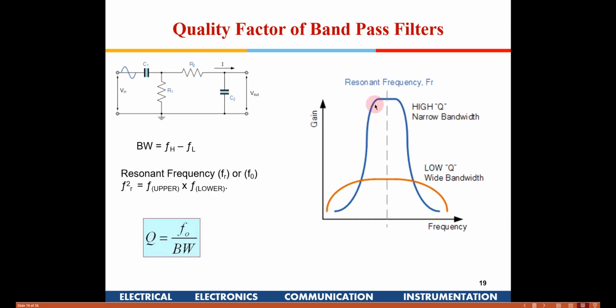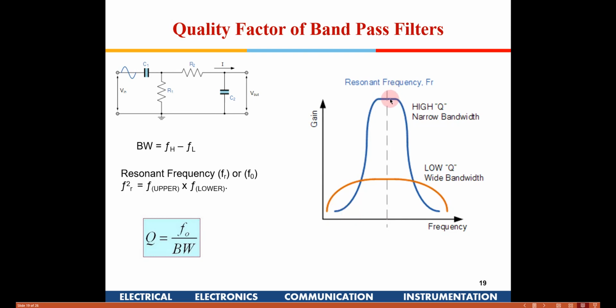In between, I will not say the signal is not attenuated, but there will be a good response available in the output, where the amplitude will be significantly larger than in the stop band.